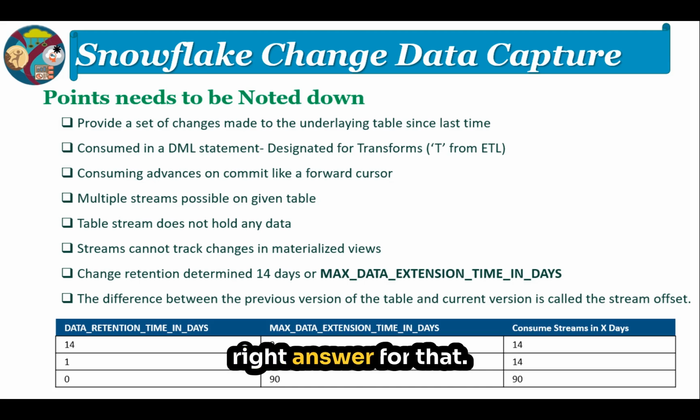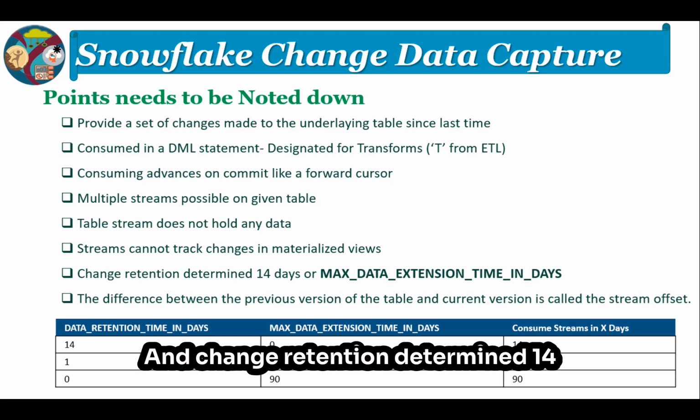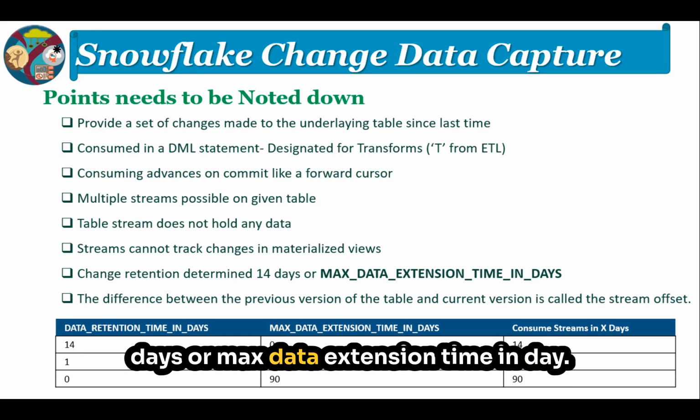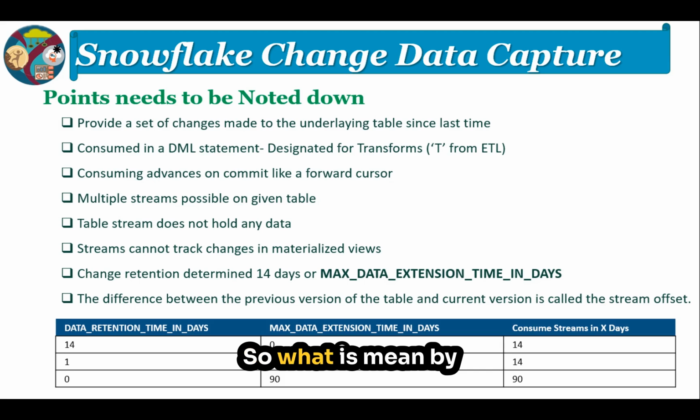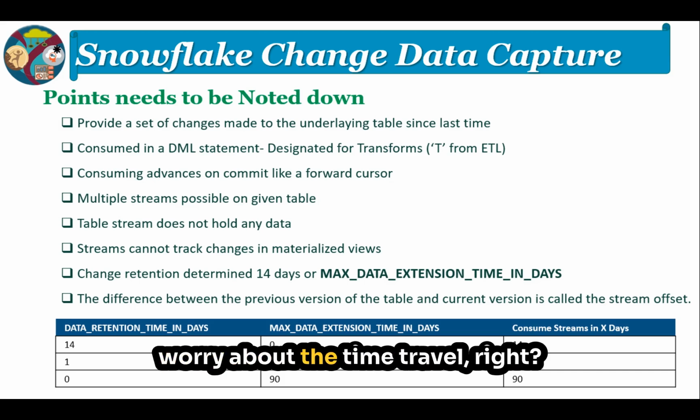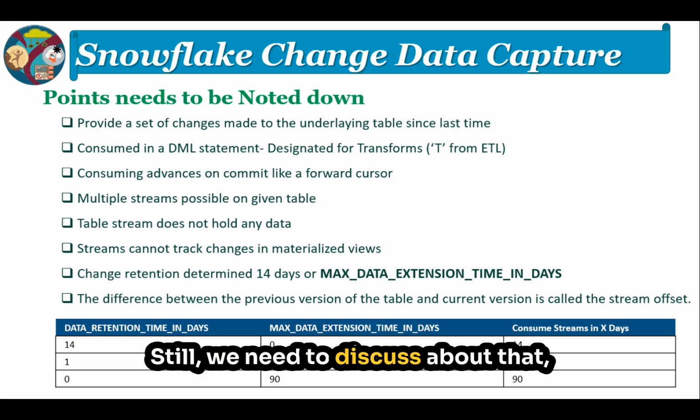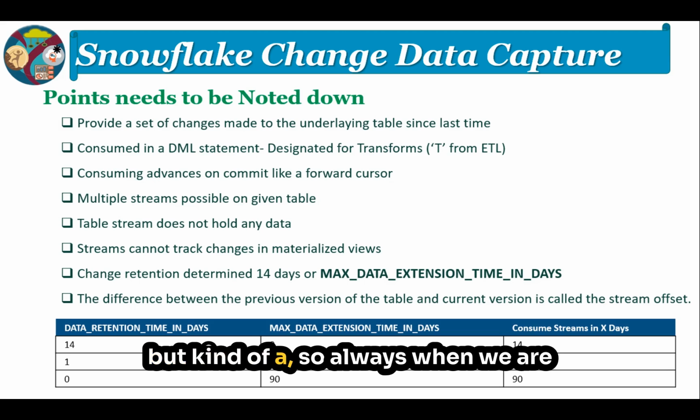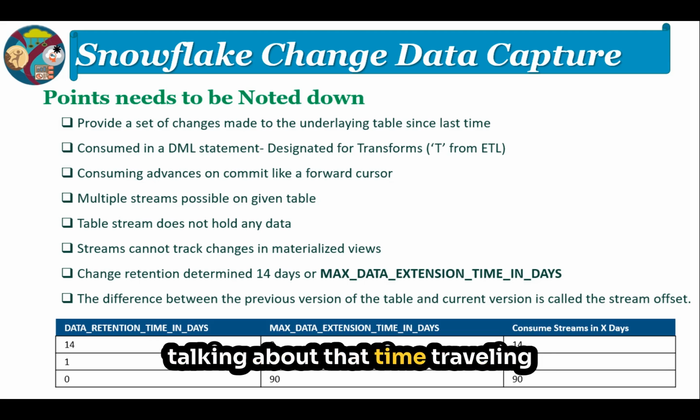And change retention is 14 days, or the max data extension time in days. What does this change retention mean? We had an overview about time travel, right? We still need to discuss that, but whenever we talk about time travel, it means the data retention period.